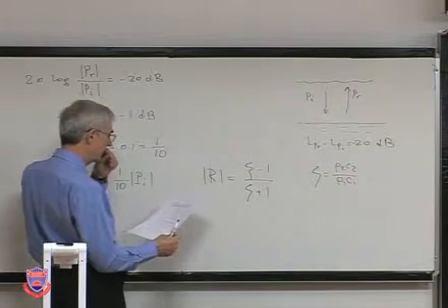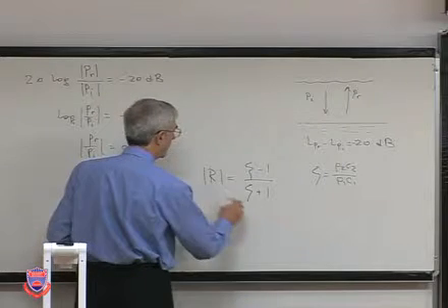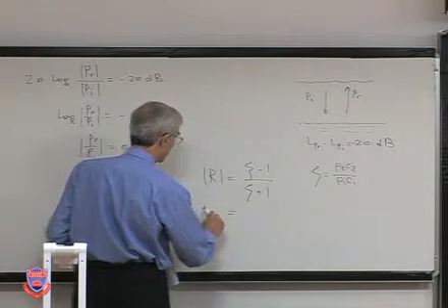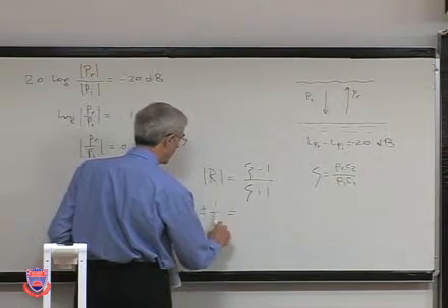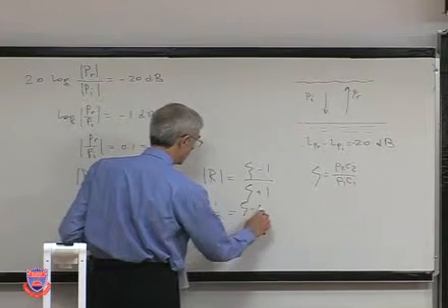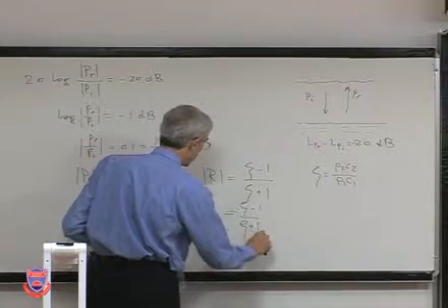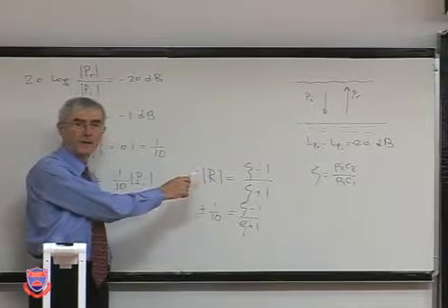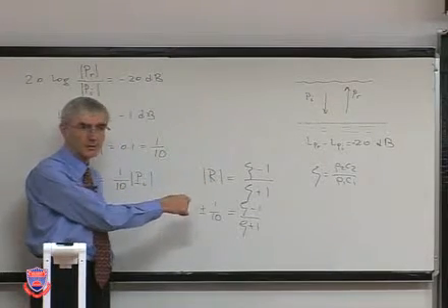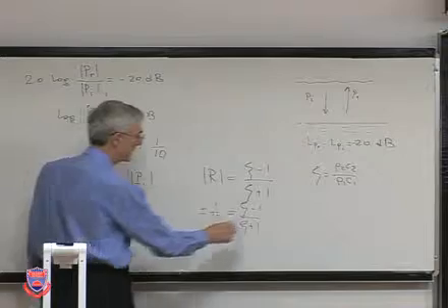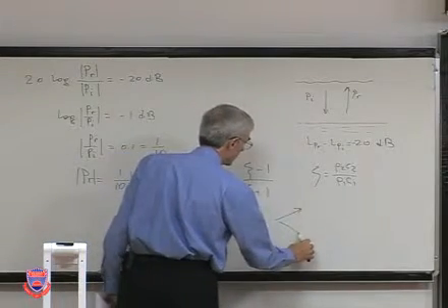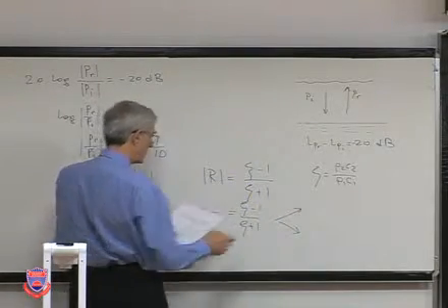And since we have R equal to plus or minus 1/10, see, this is the key. The absolute value gives you plus or minus 1, and that gives, of course, two different possibilities.